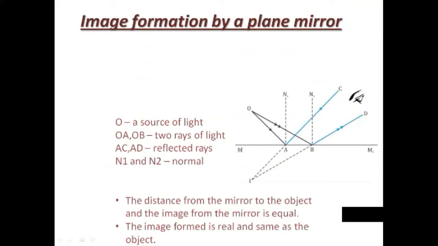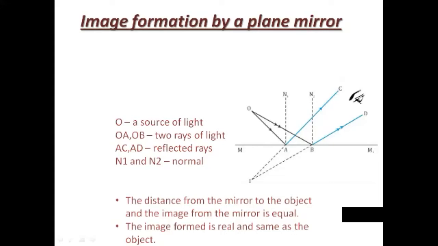OA and OB are two rays of light. AC and AD are two reflected rays. N1 and N2 are the normals to the surface of the plane mirror M. And here the image is formed, that is I.